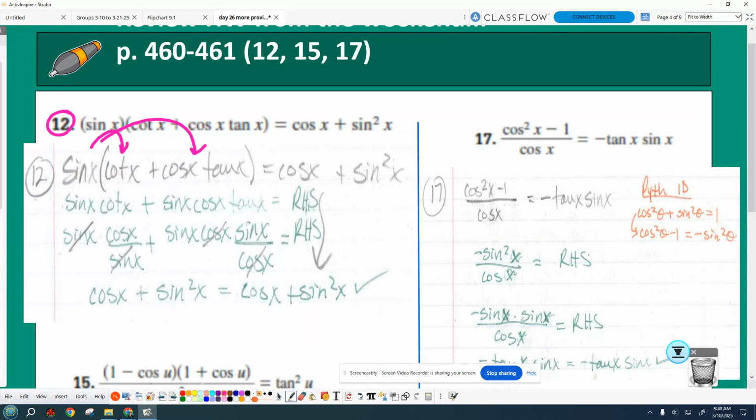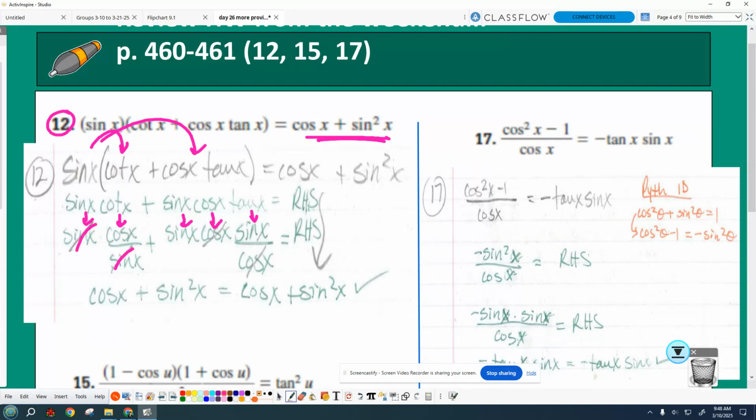Okay, then maybe the next strategy is turn everything into sine and cosine. Why? Because this side had nothing but sine and cosine on it. So in the end, we need to do that translation. So sine is just sine, but cotangent is cosine over sine. Again, sine is just sine, cosine is just cosine, but tangent is sine over cosine.